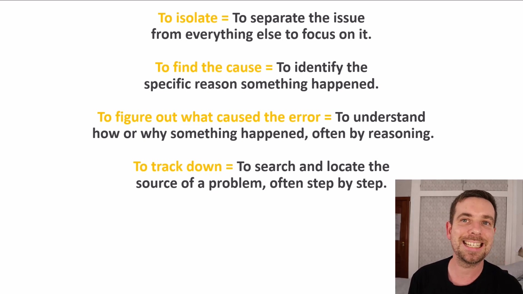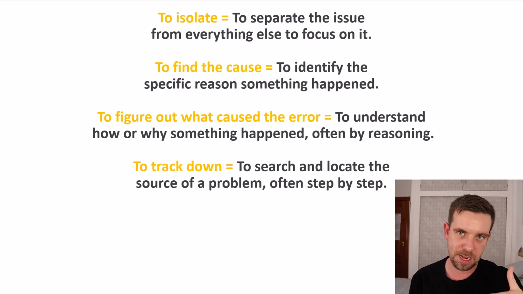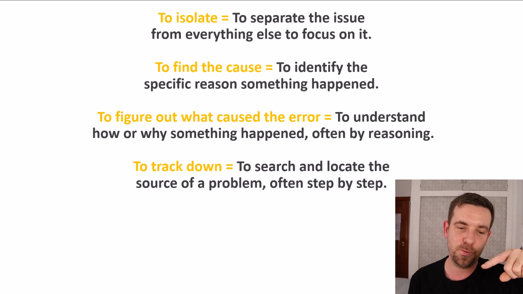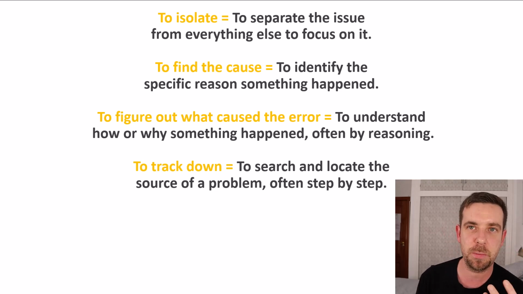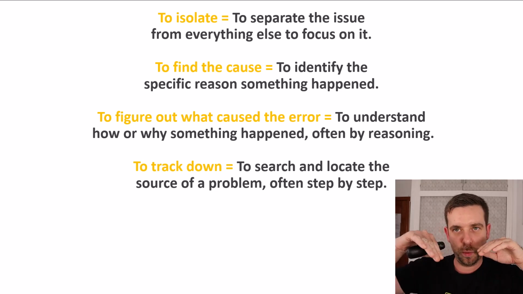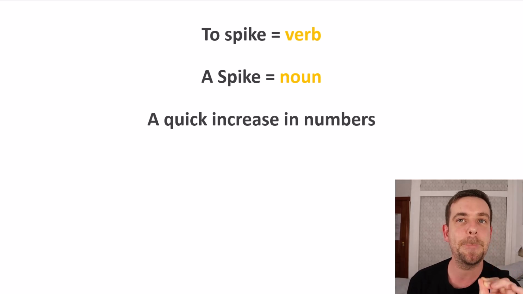To track down, so we saw this verb before, to track, which is to measure or to watch. To track down is almost like the idea, like to find the exact part, to search and locate the source of a problem, step by step. To track something down means to move slowly. And this here, to spike, so the pronunciation is spike.